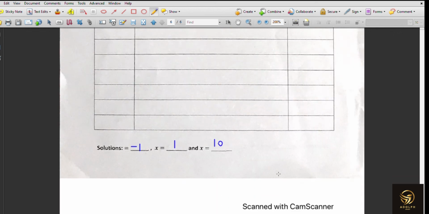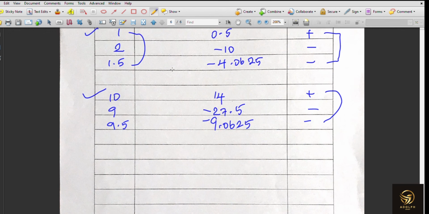I hope you understood the method now. If it is going to be a whole number, we will try 10 and 9, and we realize the answer is in between these, so I check 9.5. I'm just finding where the change is happening. Either it is between 9 and 9.5, or 9.5 and 10.